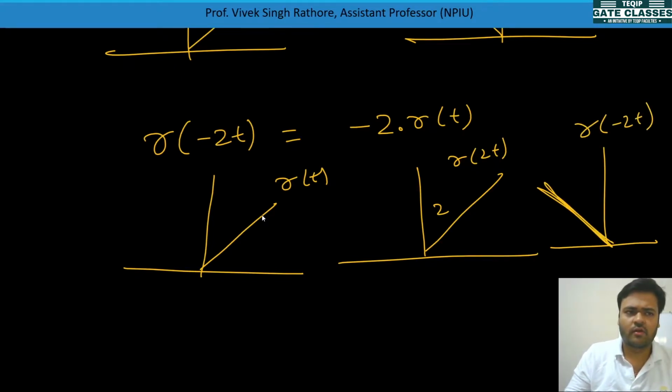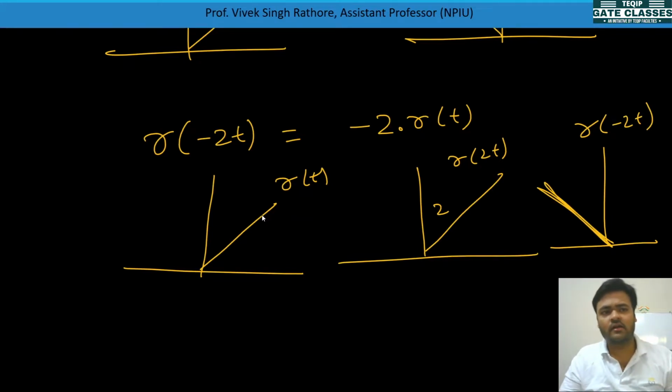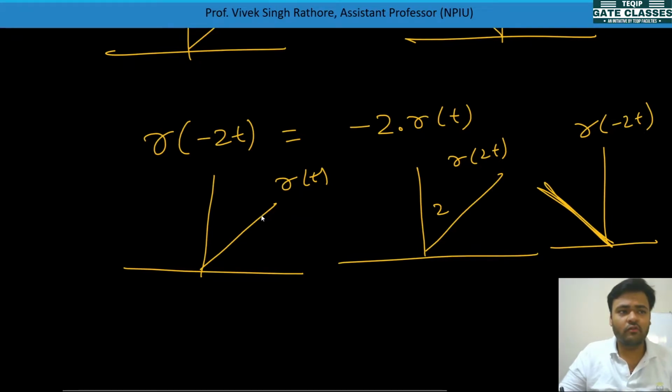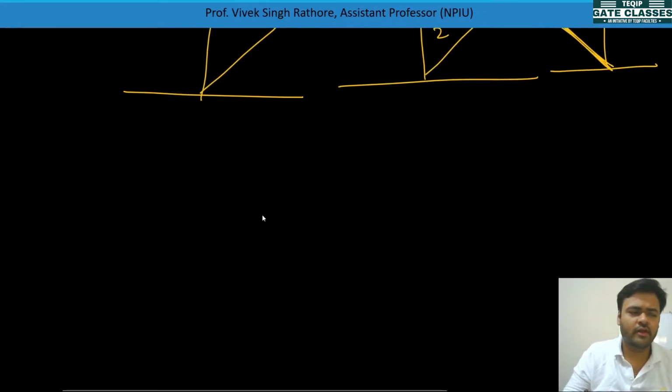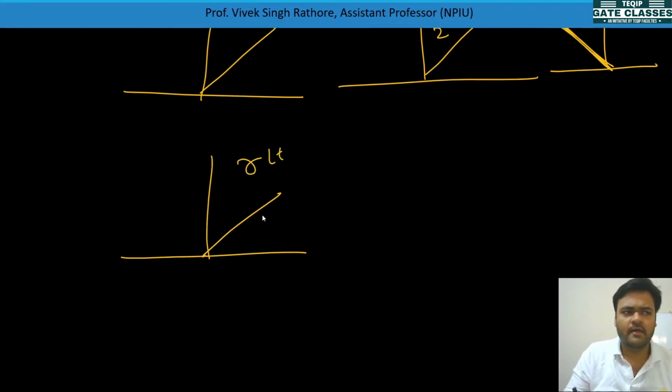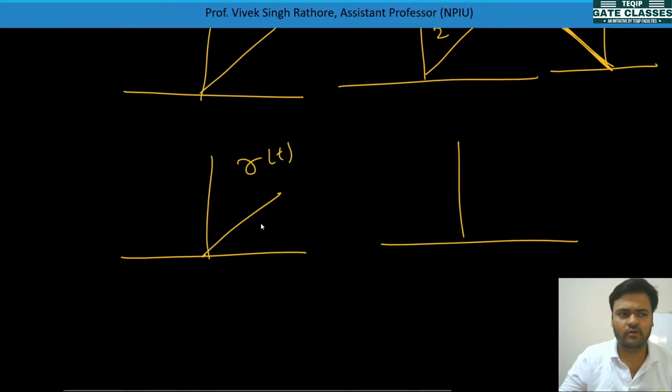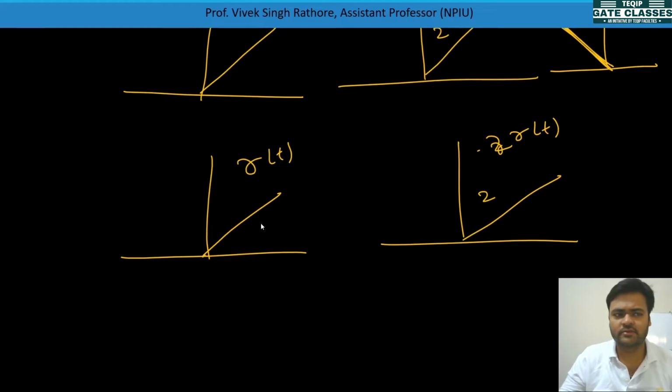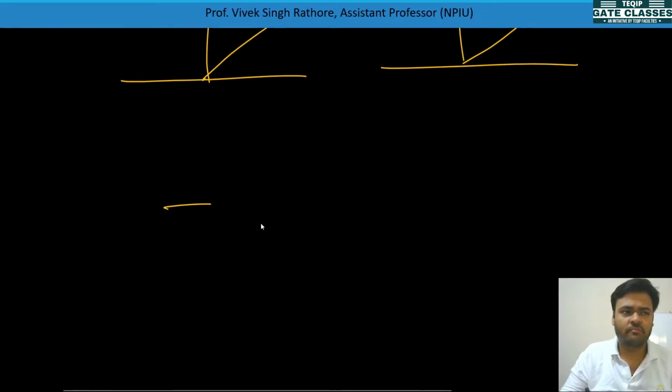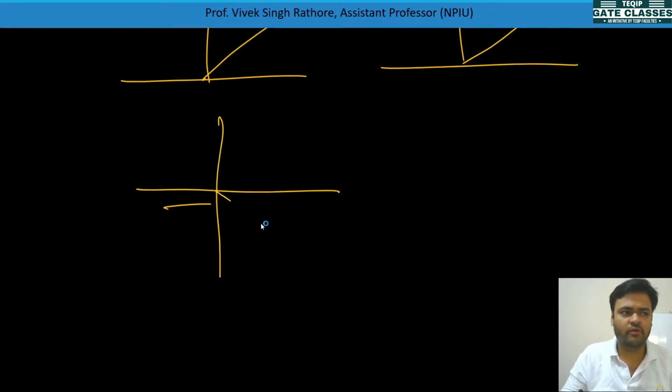But now when you plot -2 into r(t), what you will get, see, r(t) is there. First I will plot 2 into r(t), so this slope will be 2, and now you have to do it with minus, meaning magnitude scaling with minus. So it will be plotted like this.